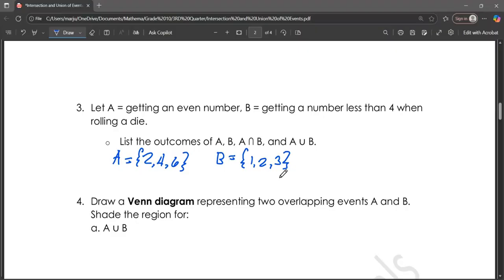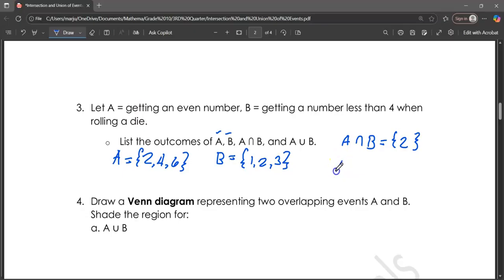Now, we are done with that. A intersection B. When you say A intersection B, what is common to them? Look at this one. We have 2, right? So they intersect at 2.